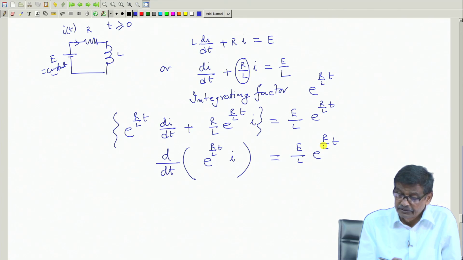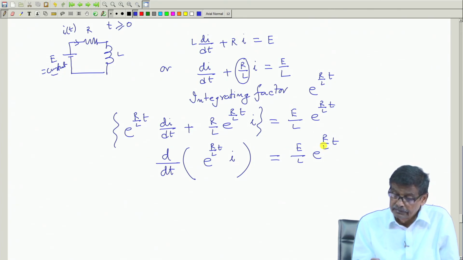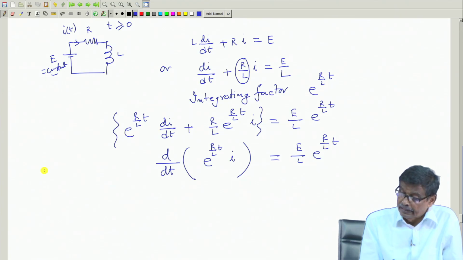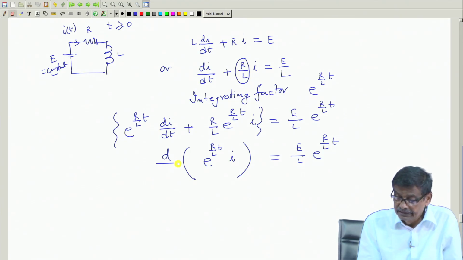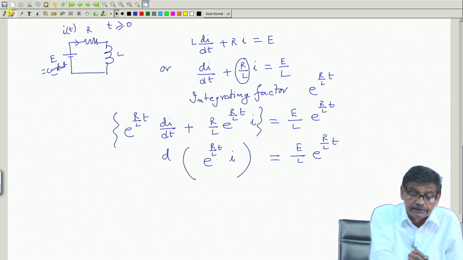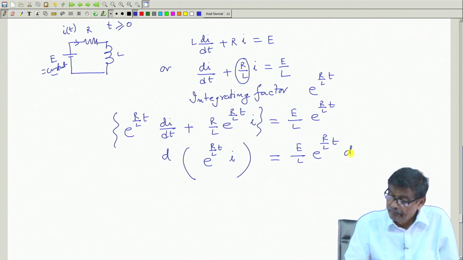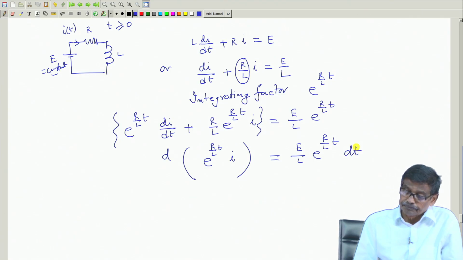That is the first function into the differentiation of the second plus the differentiation of this function, R by L into e to the power R by L into t, into the second function. So, that is fine. Now, in the next step you bring this dt on the right hand side. It will be like this.